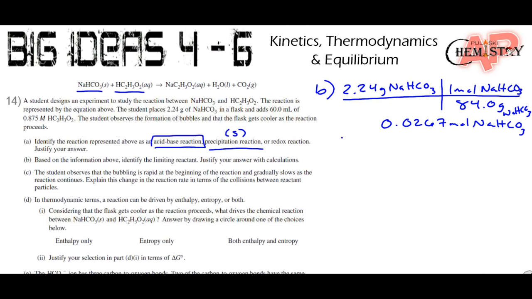I was given a 0.875 molar solution, which is basically moles per liter, and then I need to multiply it by the volume that it was given to me in. So this is 60 milliliters, which is 0.06 liters, and I'm going to get 0.0525 moles.